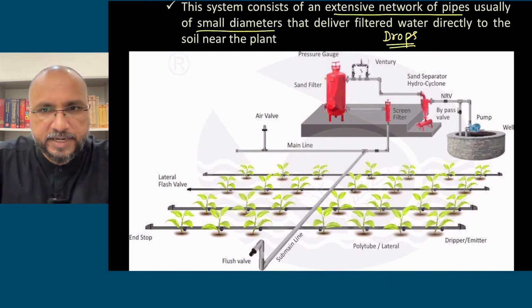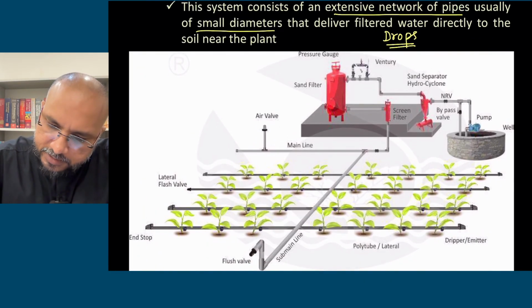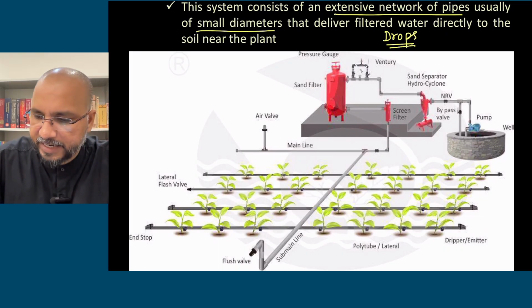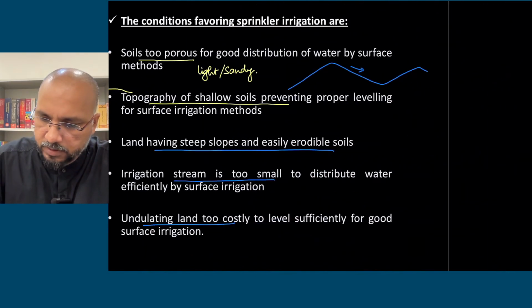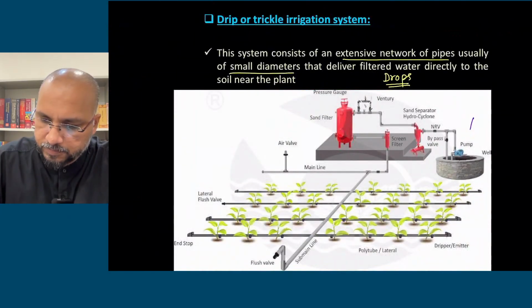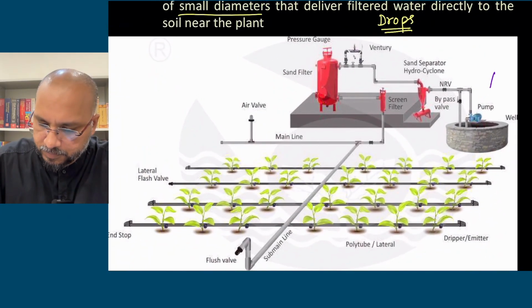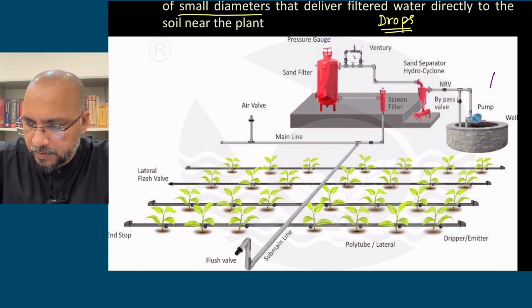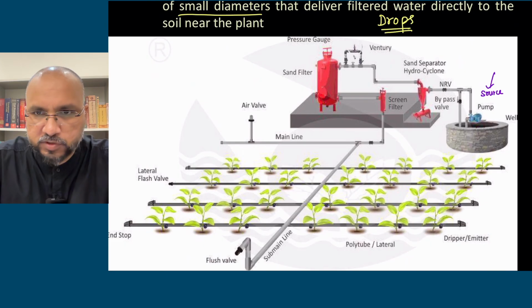So let us look into the diagram, then we can discuss the system. So here you have a well, that is the source of water.